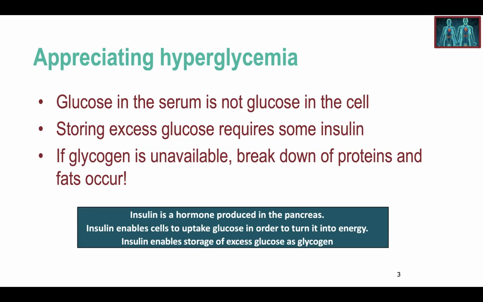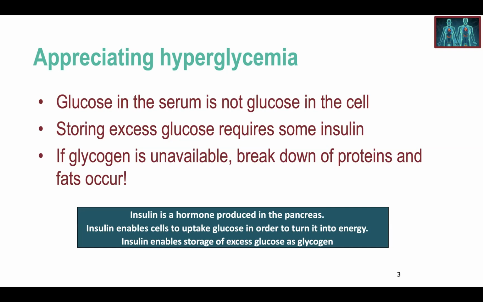And that's a really important concept to us because we always want to remind ourselves that the number one property really of insulin is to actually transport glucose into the cell. But you have to have some insulin, even if you can't transport it into the cell, you have to have some insulin that actually stores excess glucose as glycogen.